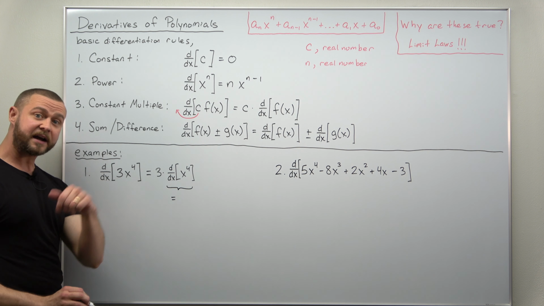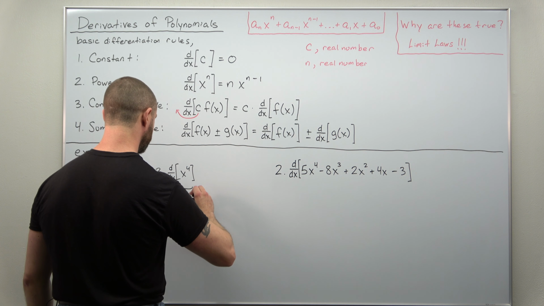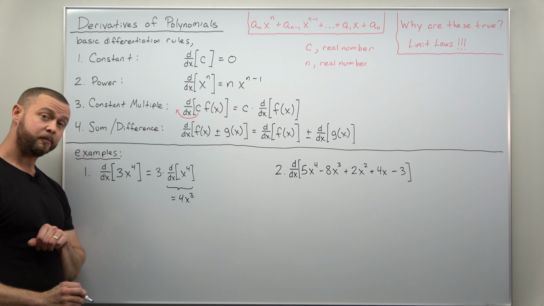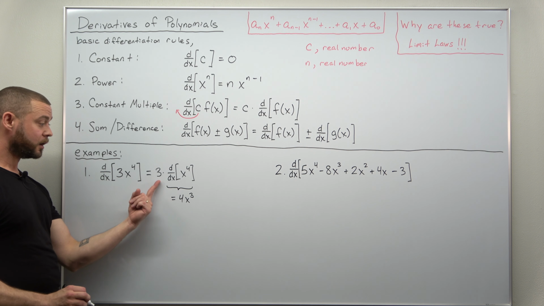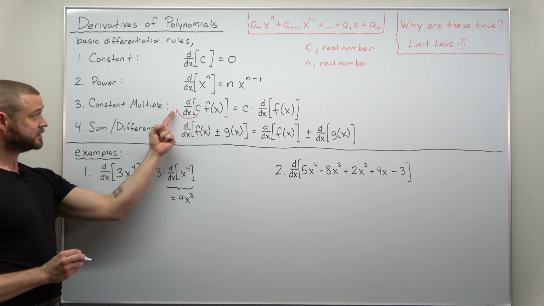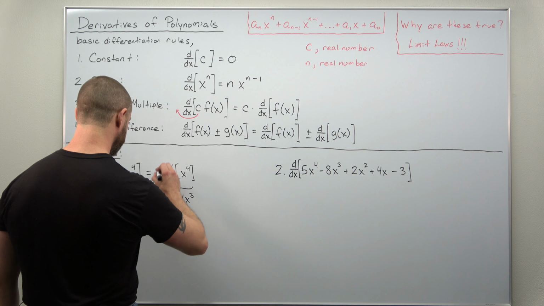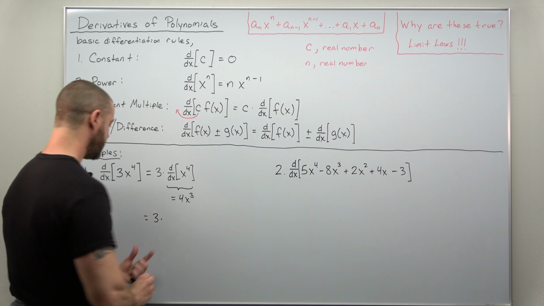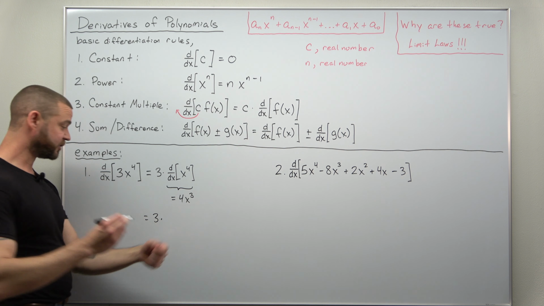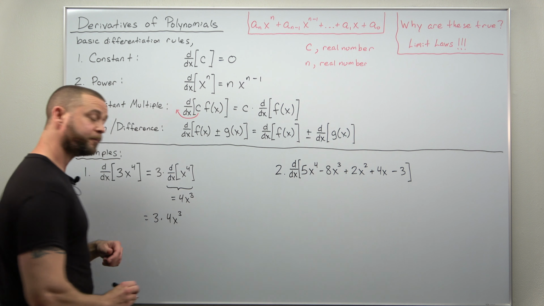The derivative of x to the 4th is going to be 4x cubed. Now how we account for the constant 3 that we pulled out front is we just carry that down, and we have 3 times that derivative. So 3 times 4x cubed.